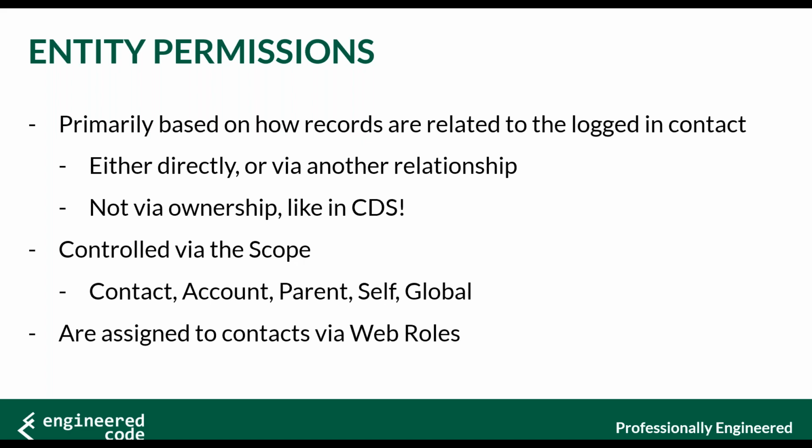And we'll talk about that in a bit too, that you can have it so that a contact can only read some contacts but edit other ones, and it's again based on those relationships. But in general, you look at the contact's web roles, whether that's the ones that they're directly related to or the one that they get via the authenticated web roles, and that's what's defining which entity permissions a particular contact has.